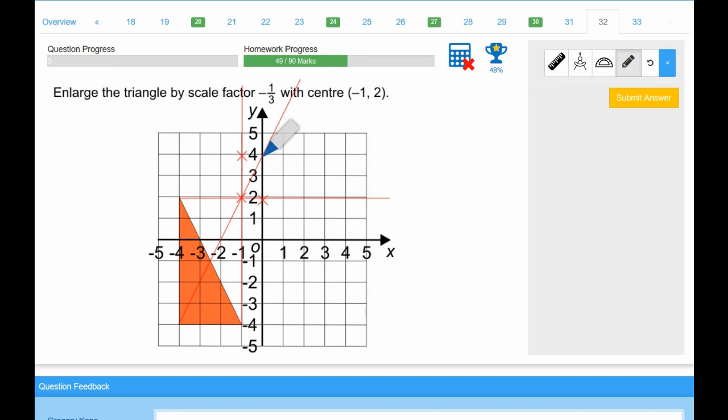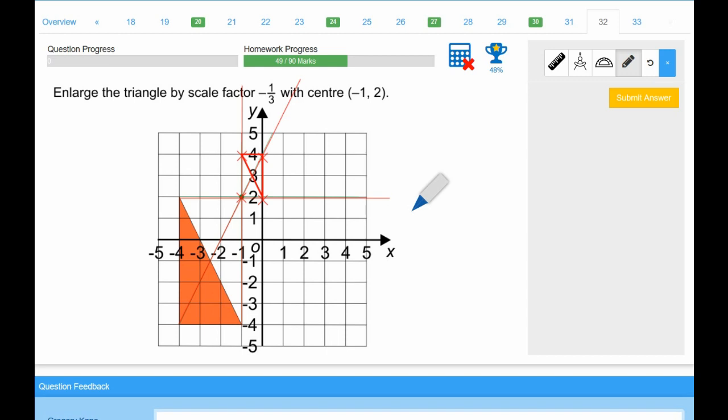So my triangle should be these 3 points here. Let's see if we can draw in that triangle. And there it is. So there is our enlargement of scale factor negative a third.